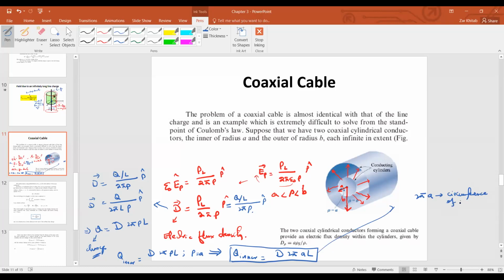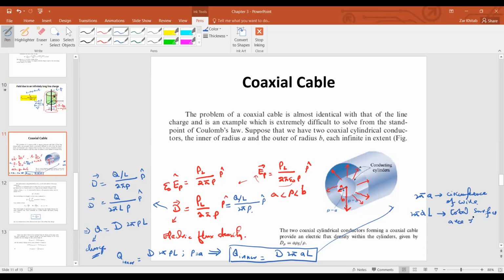It is the circumference of the wire. 2 pi A into L is what? The total surface area of the wire. Is this clear?